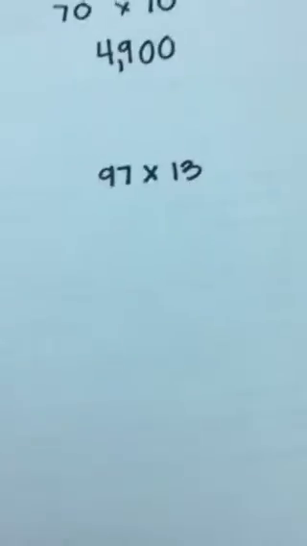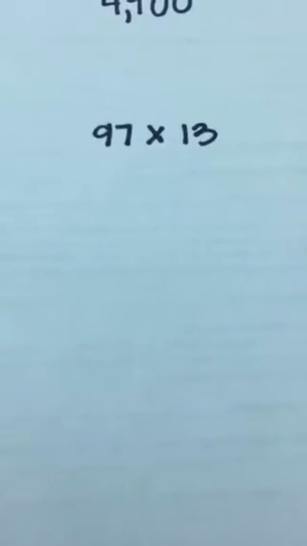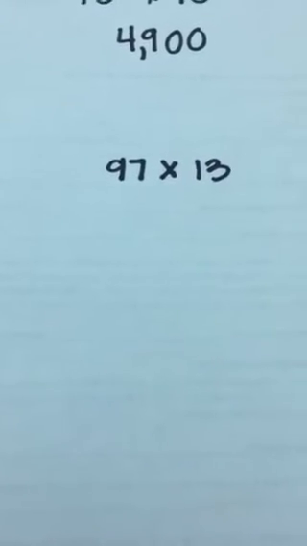I wanted to show this one too because you can have different responses because you're rounding, and there's different ways to round. But with this one, I wanted to show two different ways because in the book, it's only rounding the 97.